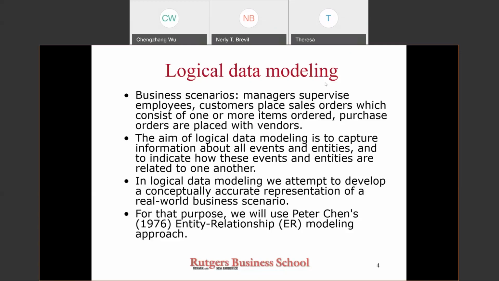So while a number of logical modeling approaches have been proposed, the one that has gained widespread acceptance in the information system community is entity relationship modeling. And this was developed back in the early 1970s.